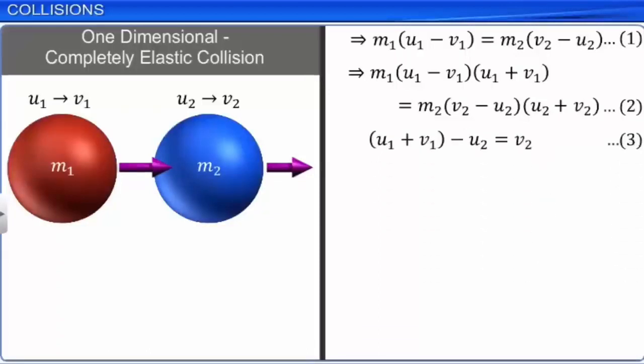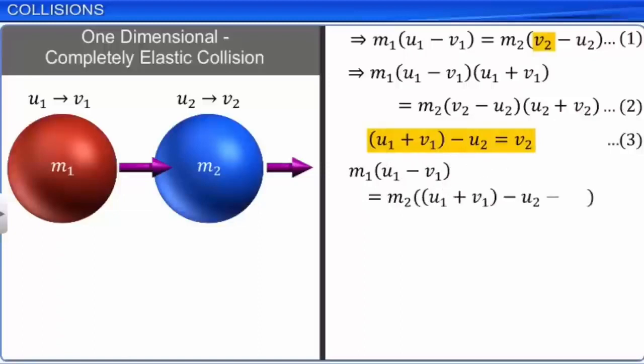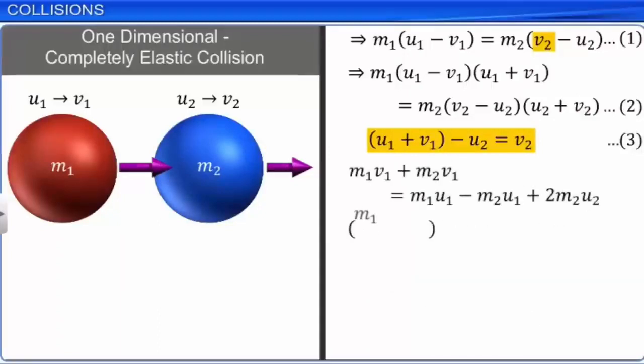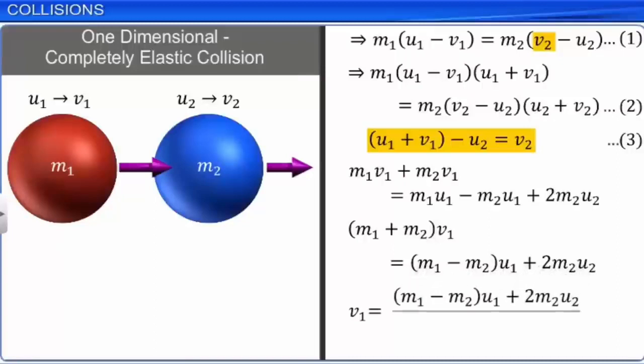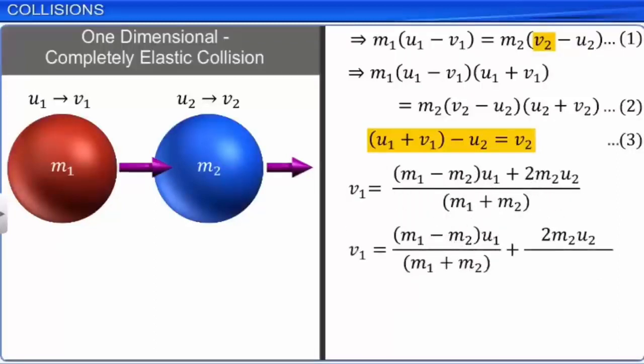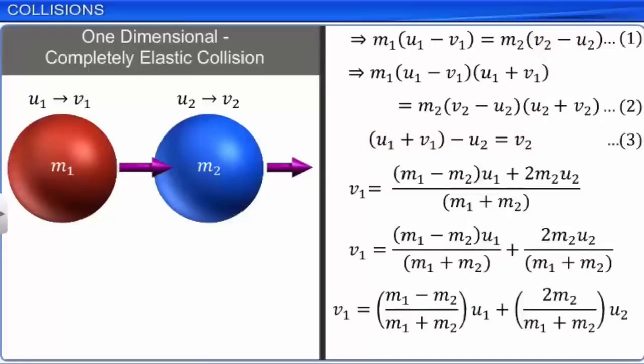Substituting the value of v2 from equation 3 in equation 1 and simplifying as shown, we get the final velocity of m1 as v1 = ((m1 - m2)/(m1 + m2))u1 + (2m2/(m1 + m2))u2. Let this be equation 4.